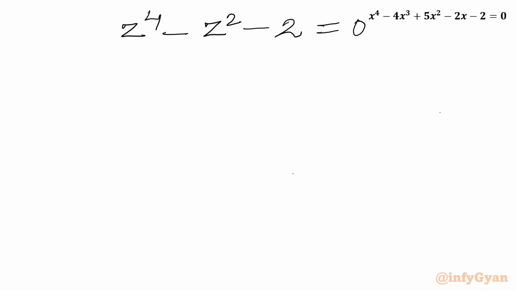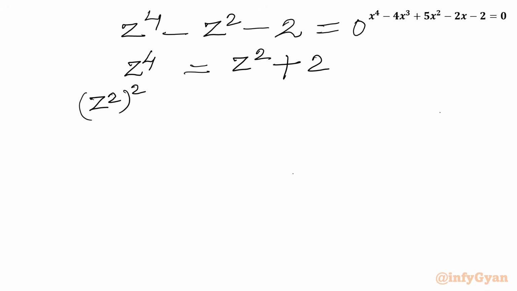But if we follow the steps of Ferrari's method, we need to write z power 4 in the LHS, and we will write z square plus 2 in the RHS. Now z power 4 can be written as (z square) whole square.